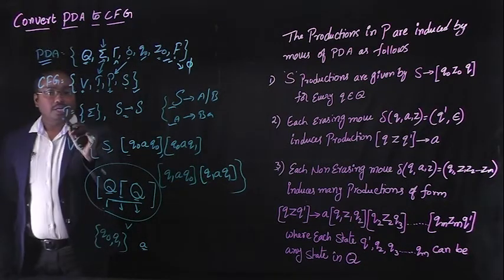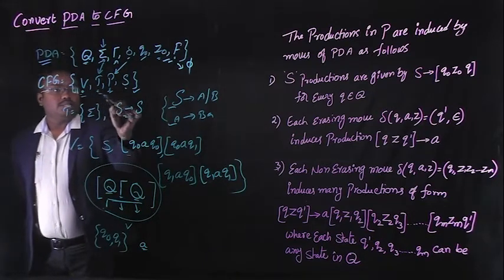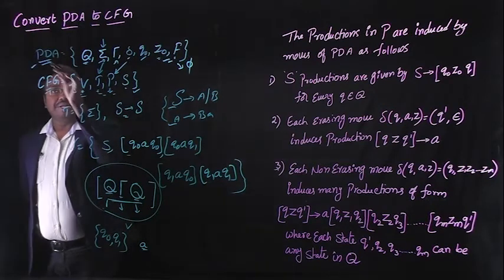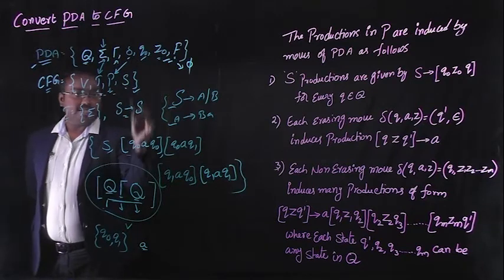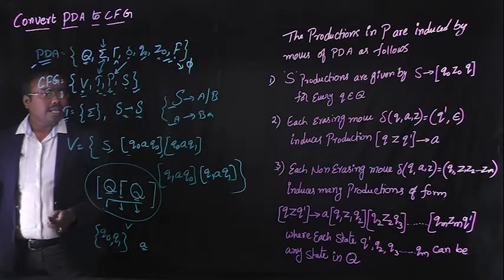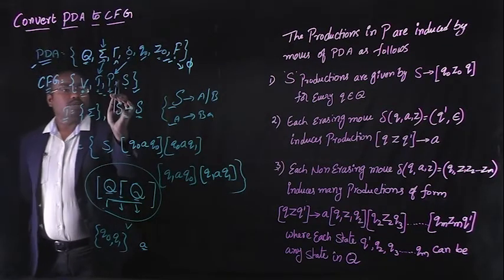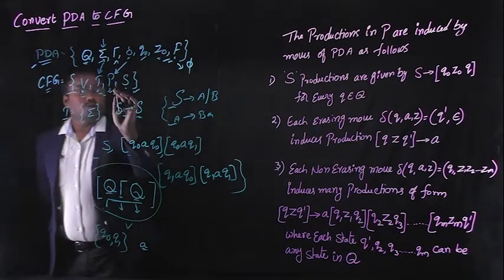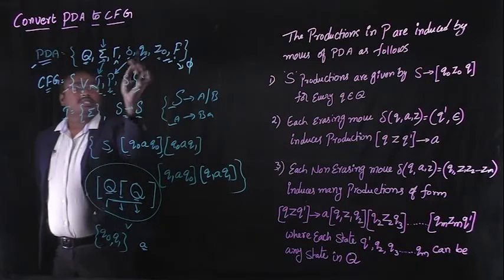So these are the four tuples we can extract from the PDA. T comes from the input symbol, and S is the starting symbol. Next, the production rules: we can take the production rules from the transition function. So how to extract the production rules from the transition function?